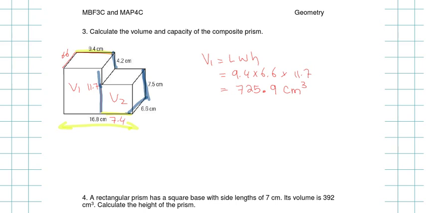So the second volume is going to be length times width times height again, and that's going to be 7.5 times 6.6 times 7.4. And you should know that no matter which way you put them, it doesn't matter if it's multiplication, you're going to get the same answer. So 7.5 times 6.6 times 7.4, and I am getting 366.3, again, centimeter cube.